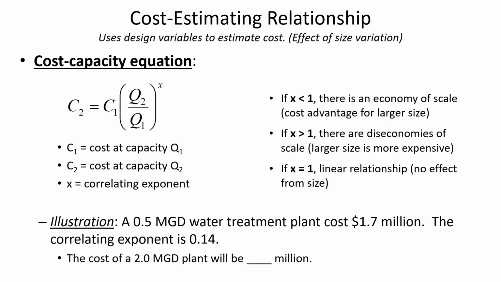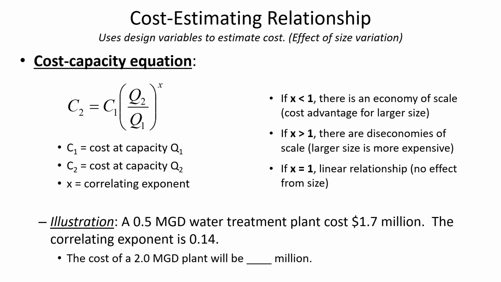Okay, so just as an illustration of how we would apply this data, if you knew that the size of a water treatment plant was 0.5 million gallons per day, so that's how much it's sized to treat, then that would be Q1. So we'd say Q1 is 0.5 MGD. And we know that that cost, C1, was $1.7 million.